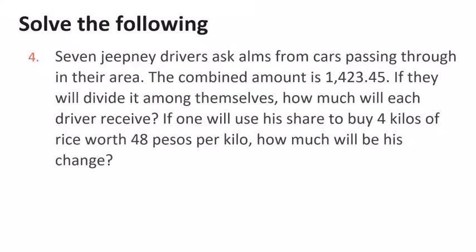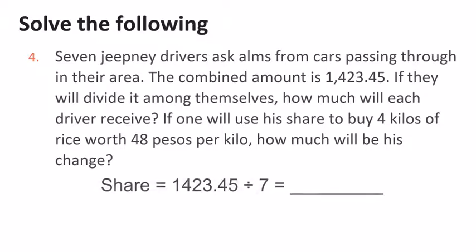Next, 7 jeepney drivers asked for help from cars passing through in their area. The total amount they collected is 1,423 pesos and 45 cents. If the 7 drivers will divide it equally, then each one receives 203.35. We simply divide the total amount by the number of jeepney drivers.